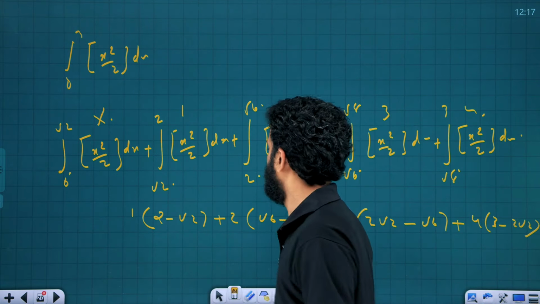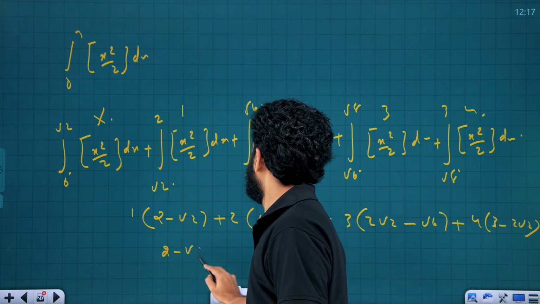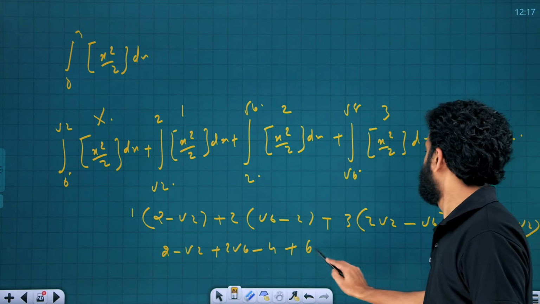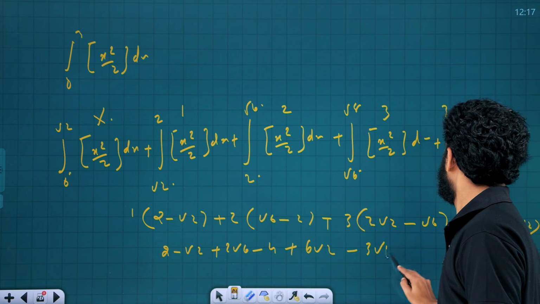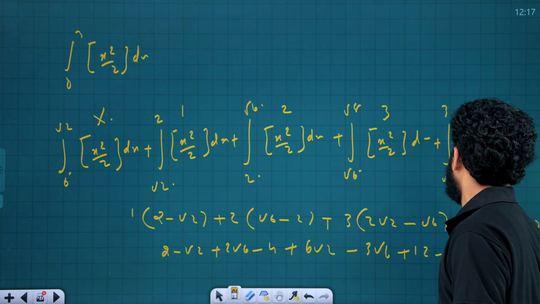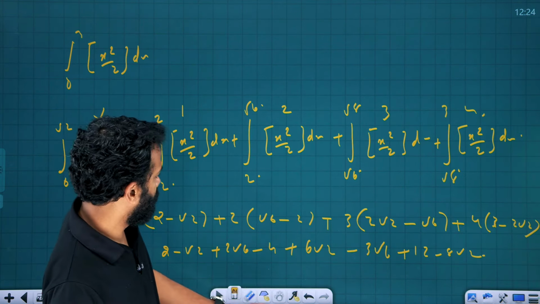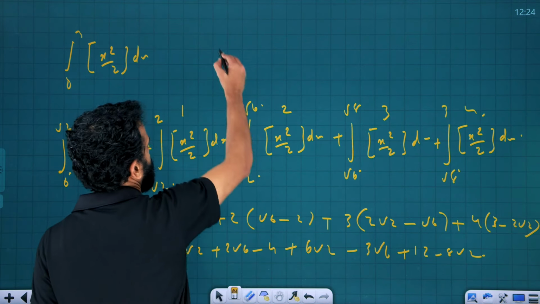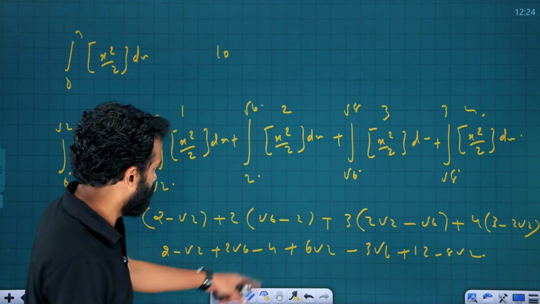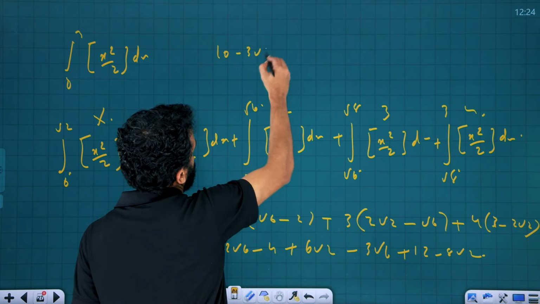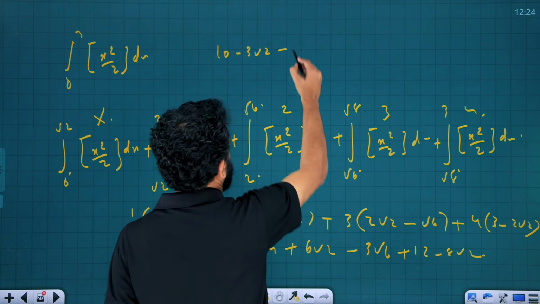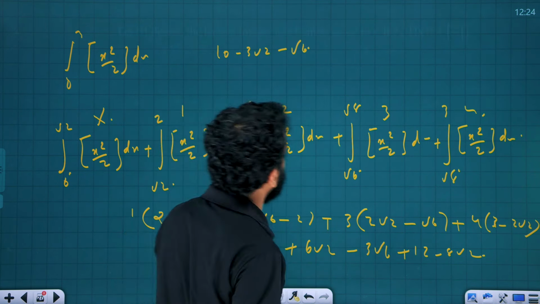And if you operate, it will be like 2 minus root 2 plus 2 root 6 minus 4 plus 6 root 2 minus 3 root 6 plus 12 minus 8 root 2. Okay, and if you add this, you will get 2, 14, 10, that is 10. This is minus 3 root 2, and minus root 6. That is 10 minus 3 root 2 minus root 6 it will be.